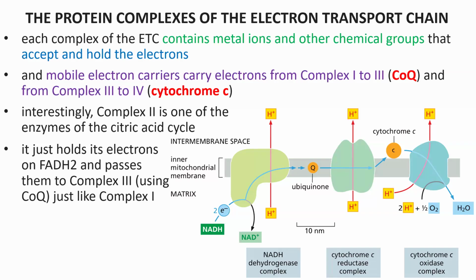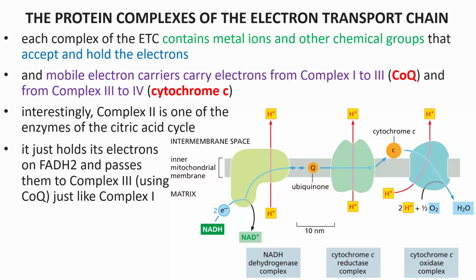Even though it's not shown here, complex 2, succinate dehydrogenase, is still holding its electrons from the citric acid cycle. It never gave them up to anything, they're still on FADH2. Well, succinate dehydrogenase as complex 2 is going to give those electrons to CoQ. CoQ will deliver those electrons to complex 3, and then the rest happens as I just described.